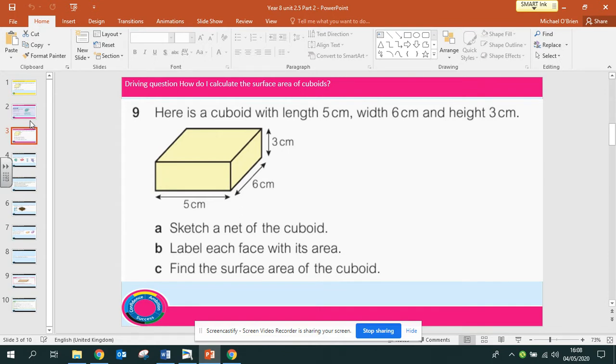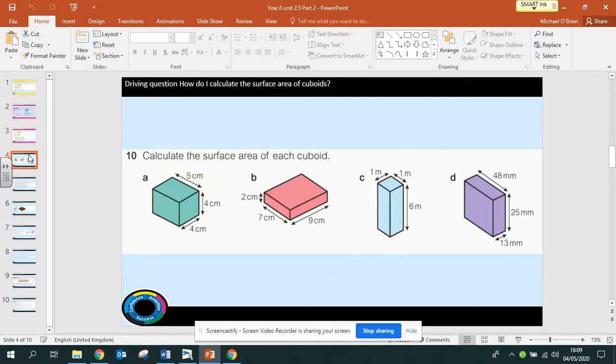Okay, that's the one we've just done. So now it's time for you to have a go at each one of these. If you want to draw the net, that's absolutely fine.